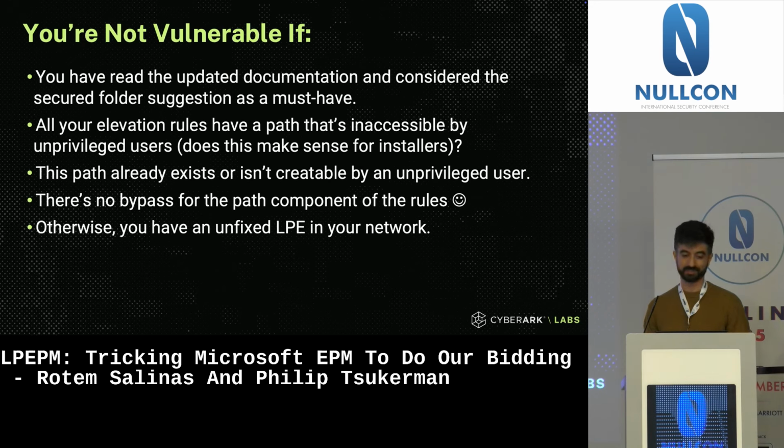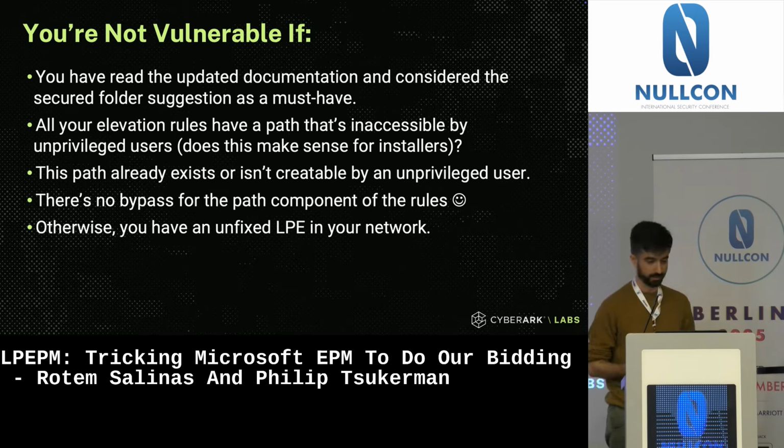And of course, because the code integrity component of this entire validation flow doesn't work anymore, or it never worked, you need to know that there's no bypass for the path component of rule validation, and of course there's no vulnerability in that. We have not found anything. And otherwise, you basically have a no-fix LPE in your network if you're using this product.